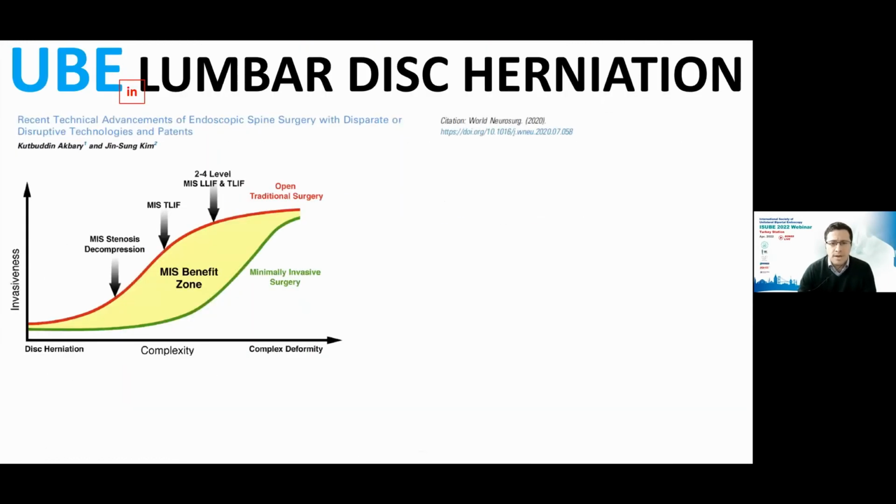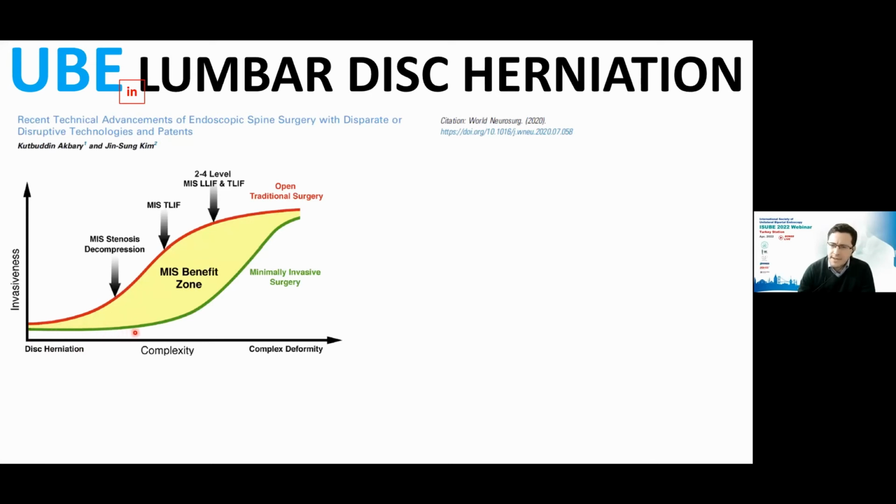Entering the topic to talk today, lumbar disc herniation has been considered for many years. In this graphic on the left, designed by Roger Hart, one of, for me, the fathers of tubular surgery, he showed that for lumbar disc herniation there are very few or less complicated benefits when we compare traditional open surgery with minimally invasive surgery.